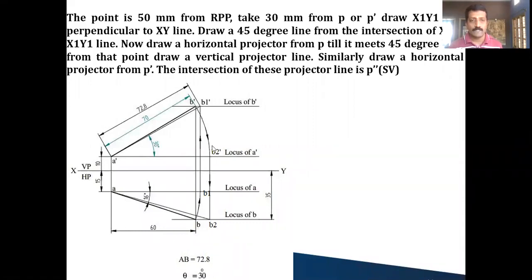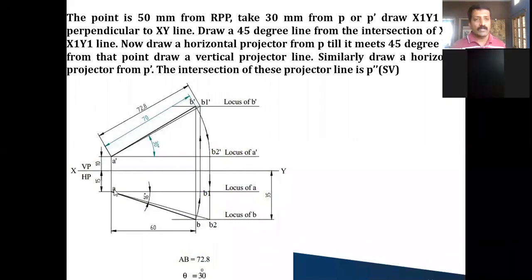Draw an arc first and call this B2 dash, and from B2 dash draw a vertical projector. Wherever it cuts the locus of B in the top view, you join it. So AB2 is your true length diagram. It should be a medium thick line.